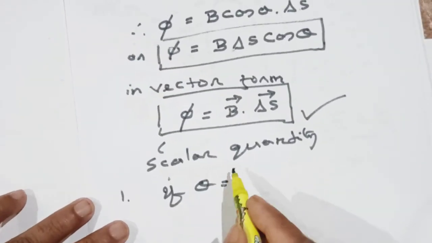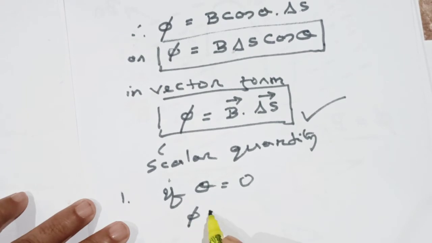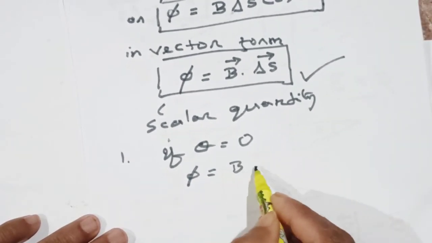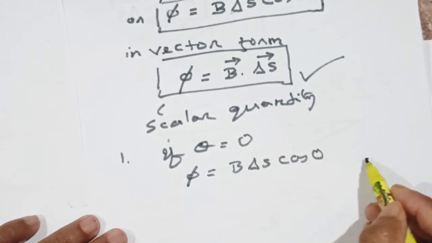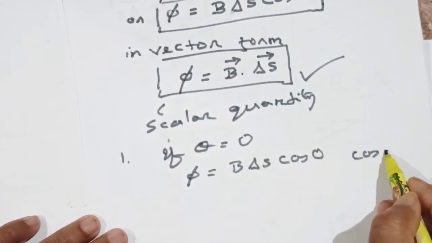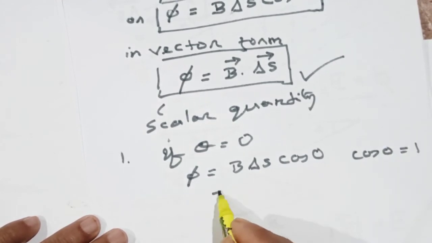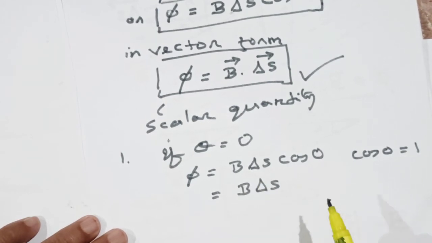You can write, if this is 0, that means flux equal to B delta S cos 0. What is cos 0? It is 1, isn't it? So we get the maximum value.